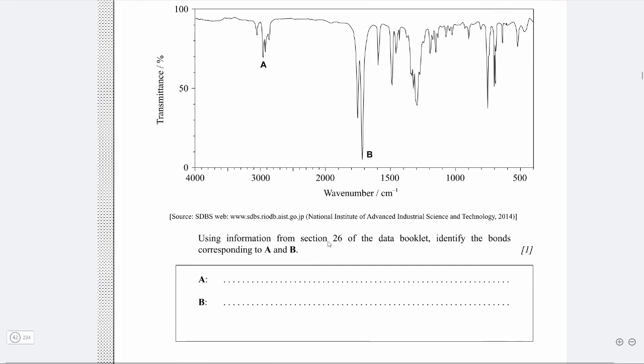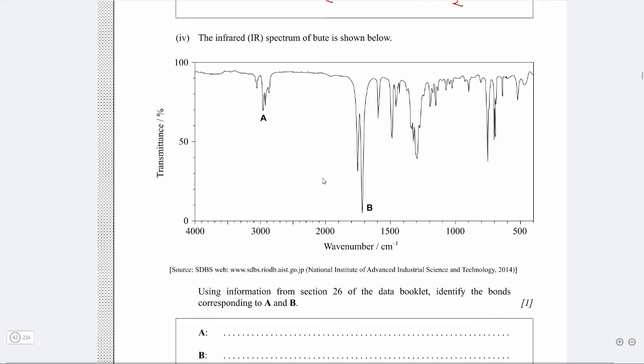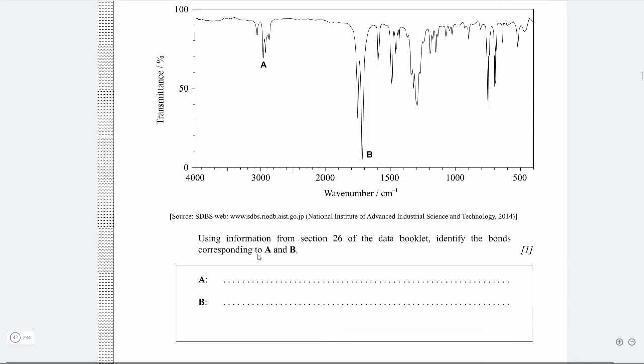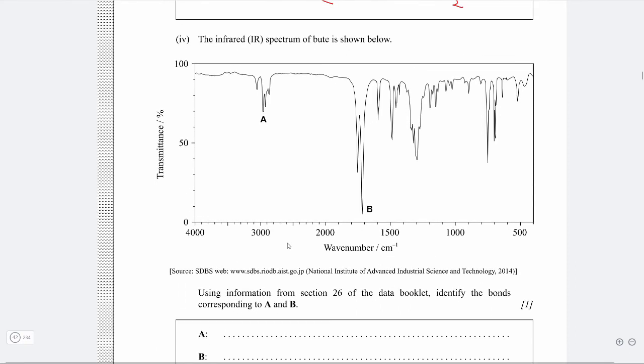Next one, using information from section 26, which is IR data, I guess, because that's what the question is about. Identify the bonds corresponding to A and B. So at least this one is carbonyl because it's approximately 1800 and it's sharp. So this is a C double bond O. And this one is at alcohol wave number, but it doesn't have the broad peak.